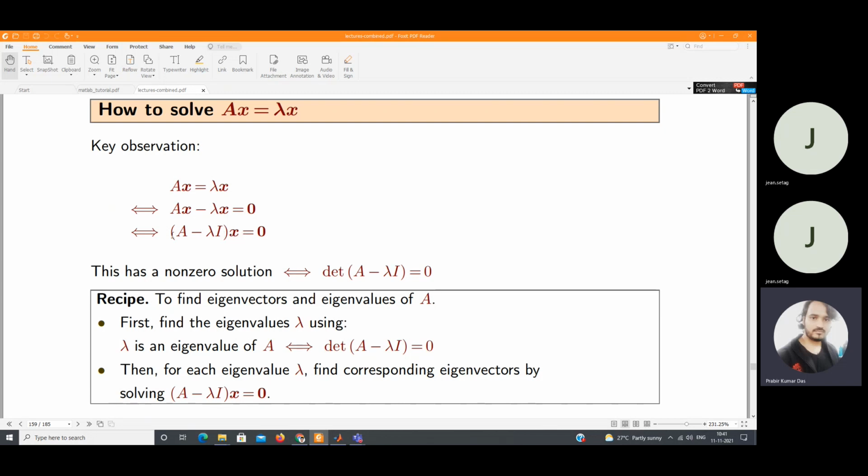If you put a determinant on this, det of (A minus lambda I), and equate it with 0, then this is your characteristic equation. Why is it called characteristic? Because eigen means characteristic. By solving this characteristic equation, you get the eigenvalues. So if you are told to calculate eigenvalues, you use this equation. If you are told to calculate the eigenvector corresponding to every eigenvalue, you use the other equation.